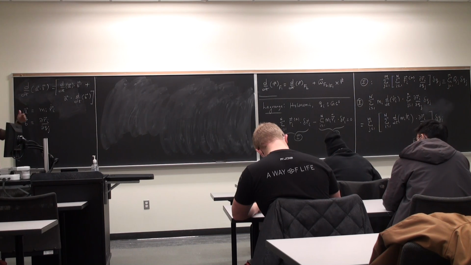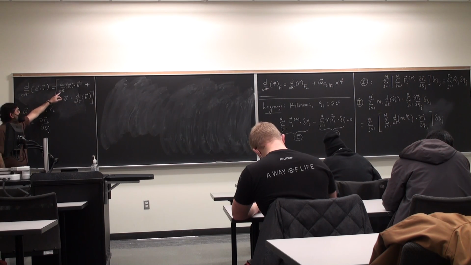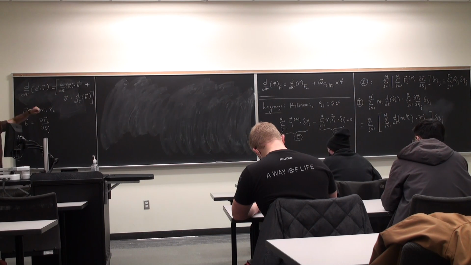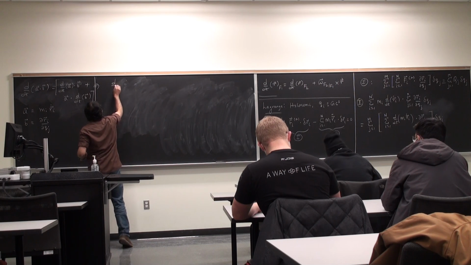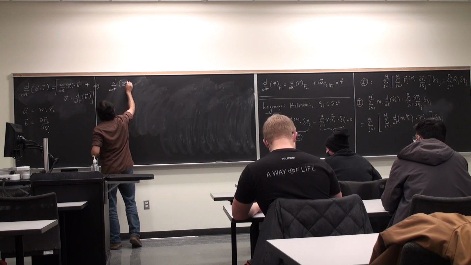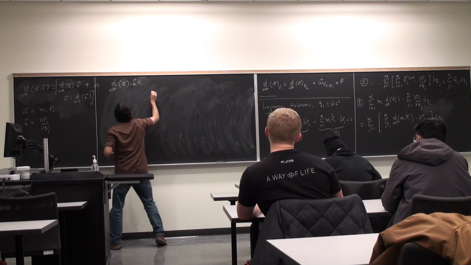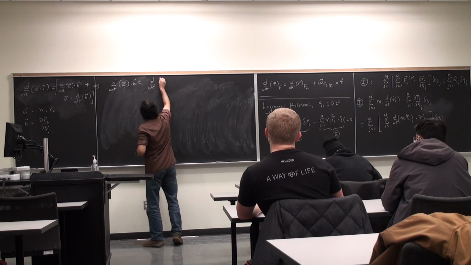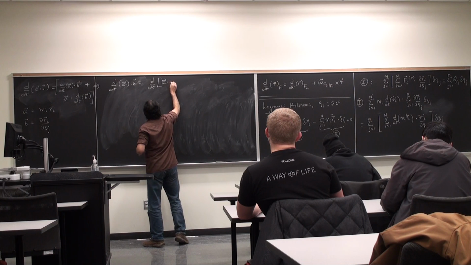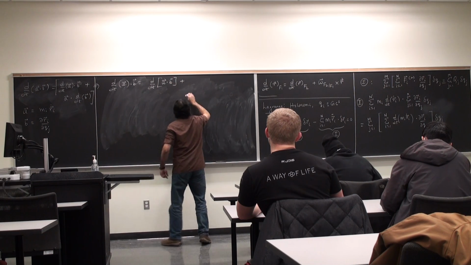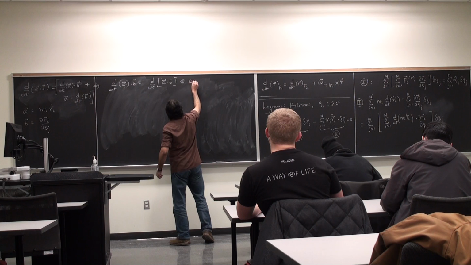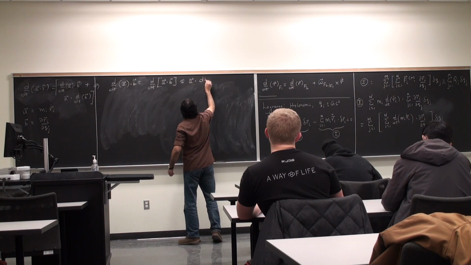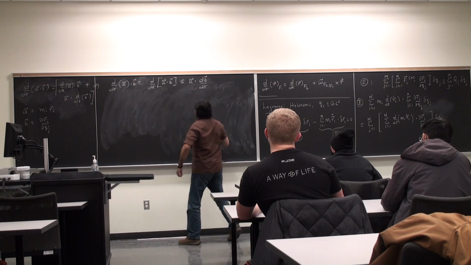Can everybody here see my writing? Okay. So by doing this comparison, I immediately recognize that I have d by dt of A dotted with the vector B, so I write the following. This tells me that d by dt of A dotted with B minus A dotted with d by dt of B.